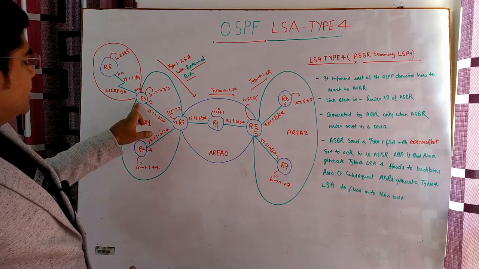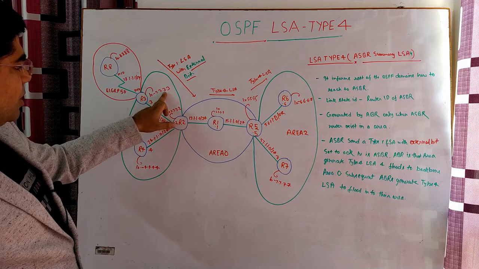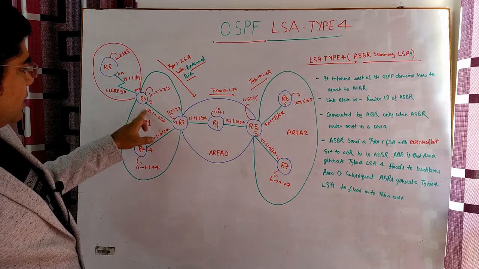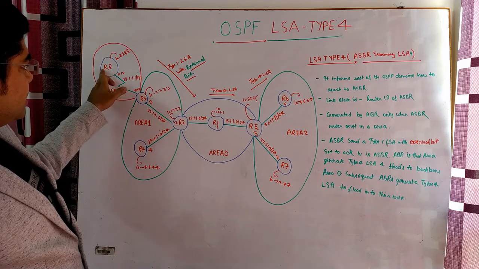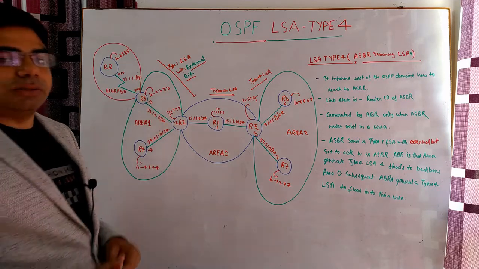The same way, this router, which is an external router or ASBR, is in both areas, and router 3 will have router ID 3.3.3.3.